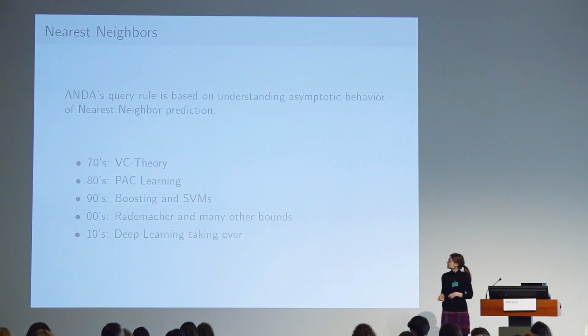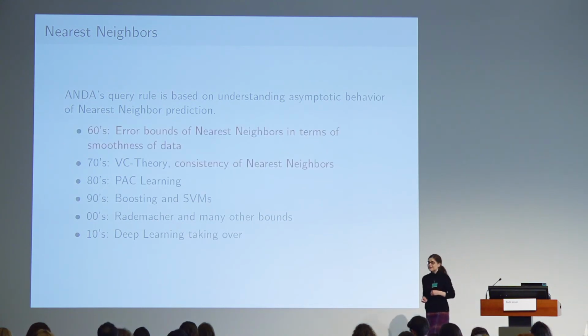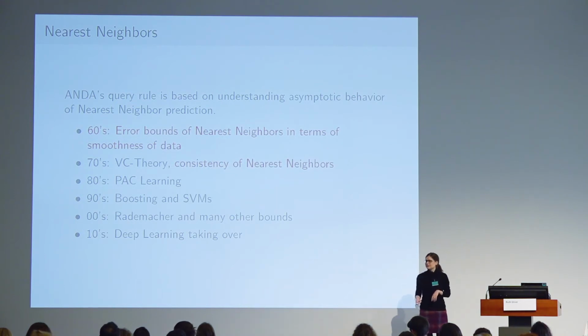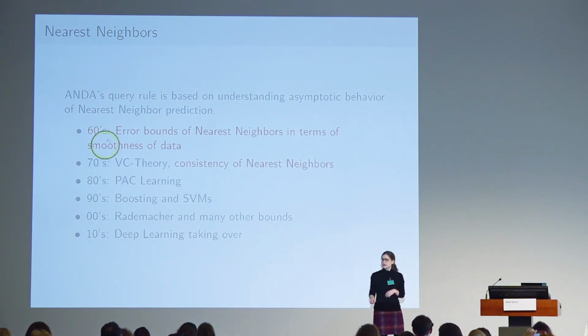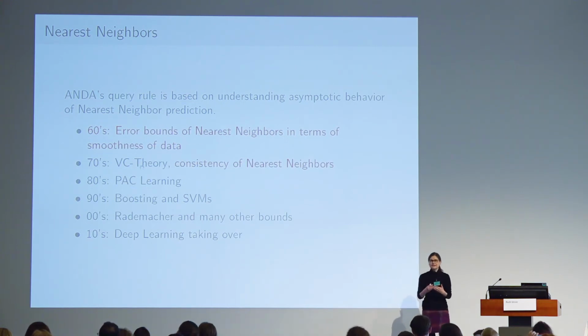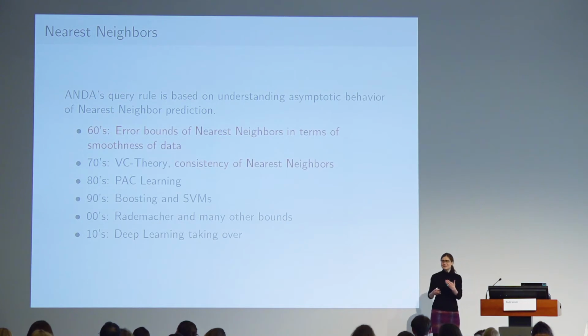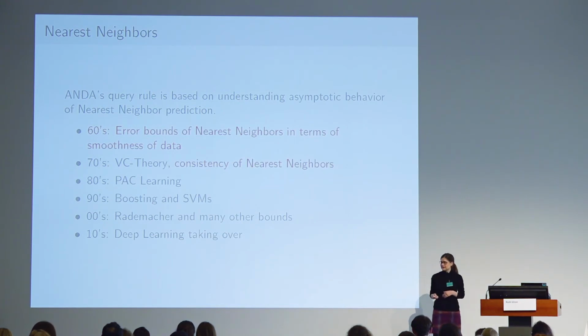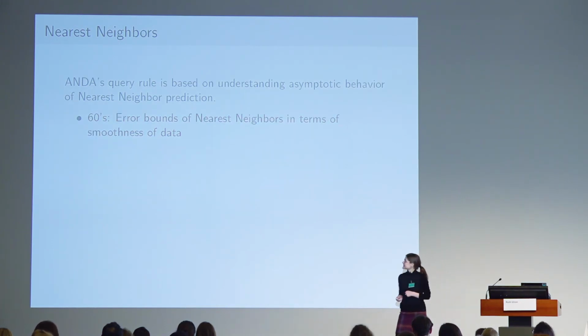So what I left out is that even earlier, in the 70s, people were already thinking about these types of rules, nearest neighbor prediction rules, and analyzing them in terms of properties of the data, right? So we already had generalization bounds for these types of predictors in the 60s. Okay, so now I'm just going to speed up.